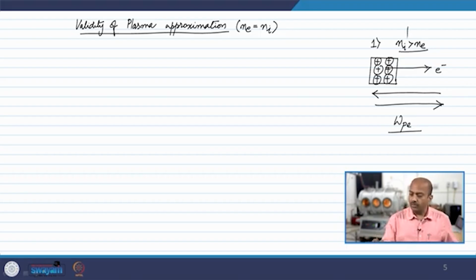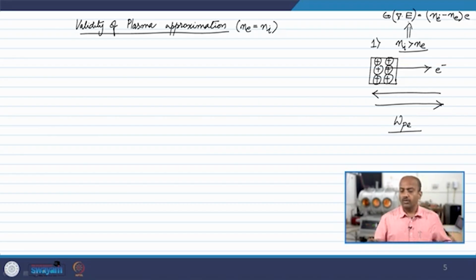Only this gave you a possibility to work with the Poisson equation, where you have the electric field, del dot E, written as (Ni minus Ne) times the charge, right. So, if you do not have a valid plasma approximation, what is bound to happen? This electric field will not exist. This will be 0. This electric field will only exist when there is an unequal number of electrons and ions. So, you have created it, right.